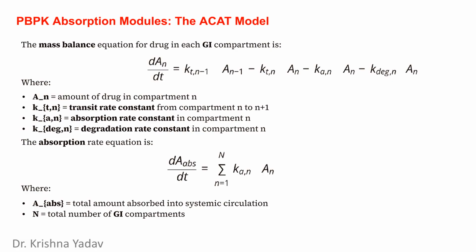To find the total amount of drug entering the body, we use the absorption rate equation. This is the sum of all individual absorption rates across every GI compartment, from the first to the last. By combining these equations, we can simulate exactly how much drug is absorbed into the systemic circulation over the entire length of the digestive system.